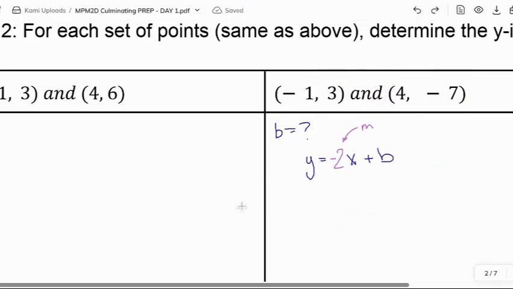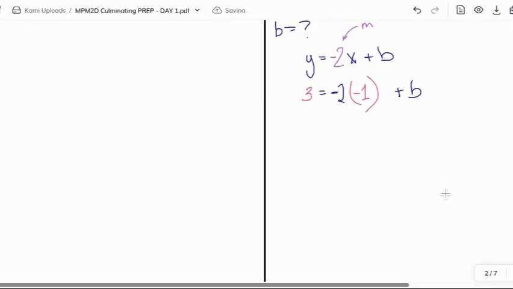So I'll use the one that looks easier to me. Okay. I'll use y is 3, x is negative 1. Right? So I'm just subbing it in. And then I call it do the math. So expand and simplify. Okay? I've got to do negative 2 times negative 1.